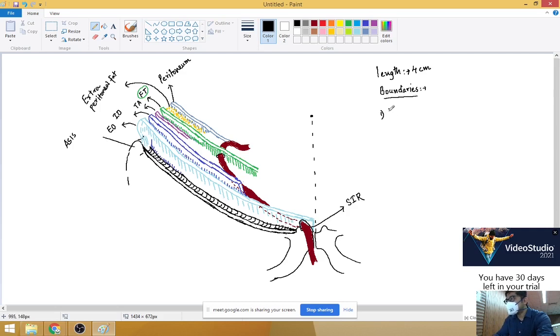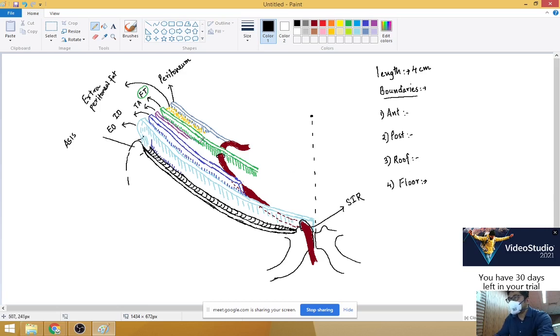So there will be an anterior boundary, there is a posterior boundary, there is a roof, there is a floor.